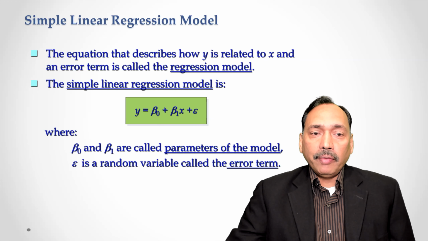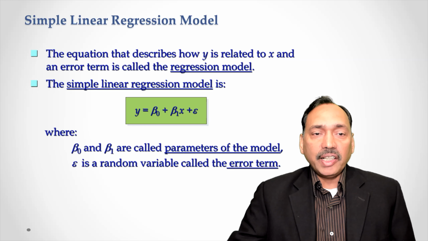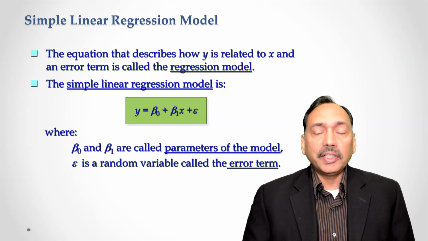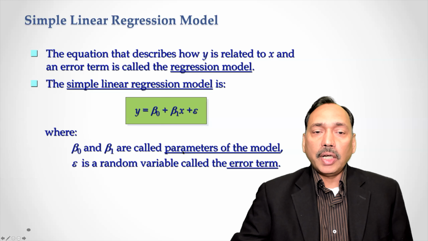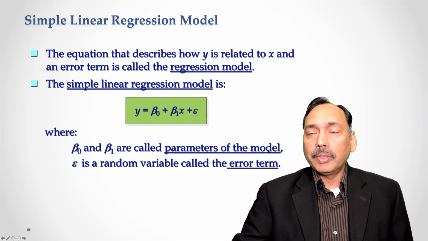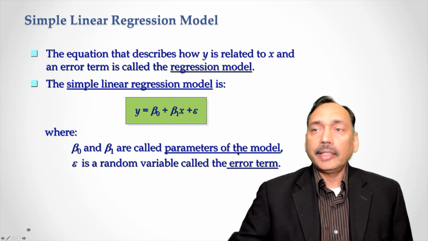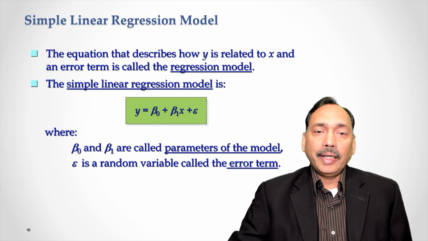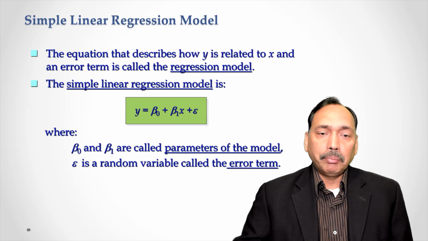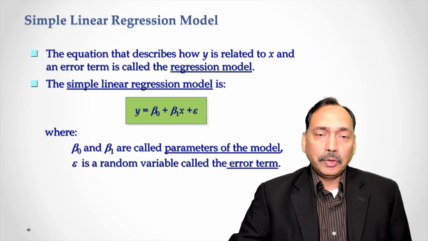As you know, whenever we use a Greek alphabet, basically we are referring to some population parameter. So these two are the parameters of the model, related to the population parameter in which we are interested, and we try to estimate them using our data.